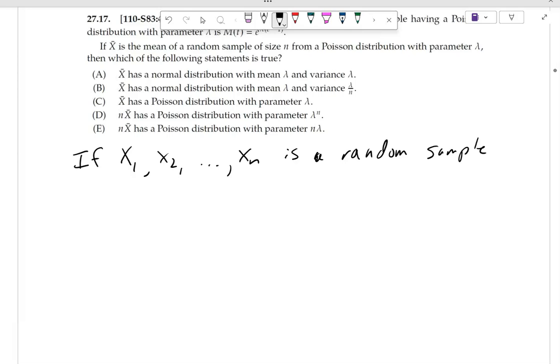They were all independently selected, so we can think of them as independent random variables, all coming from the same underlying distribution. Then x bar is going to be, I'll write it as a sum here, the sum from i equals 1 to n of 1 over n times x sub i, right?